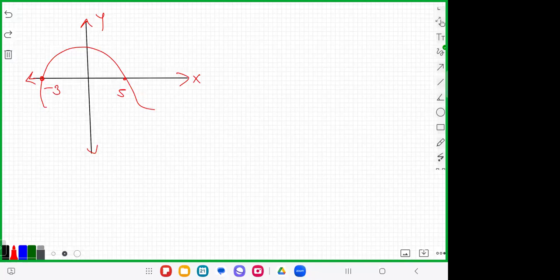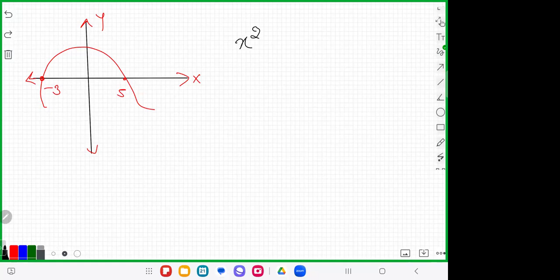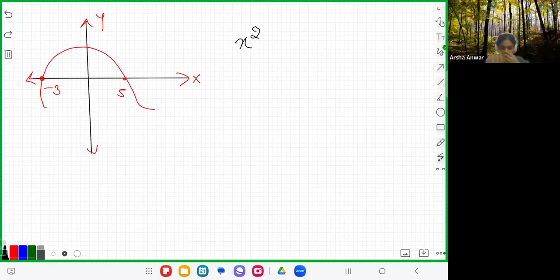Tell me, Tamim, what's the answer? X square. Asha, tell, your turn. X square minus 2x minus 15.